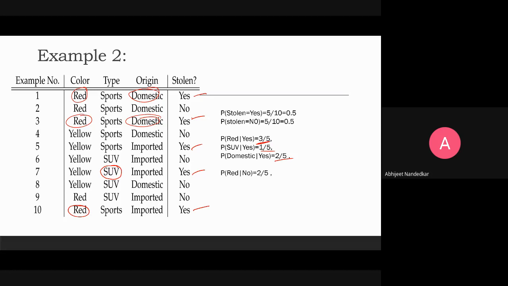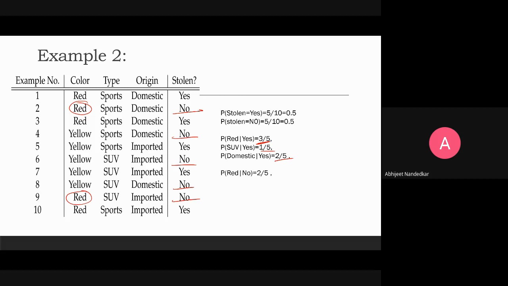Now let us go for the no samples. So I mark no samples 1, 2, 3, 4, 5. So there are 5 samples. Out of that, how many times is a red color appearing for no, not stolen? So this is 1 time, and this is second time.